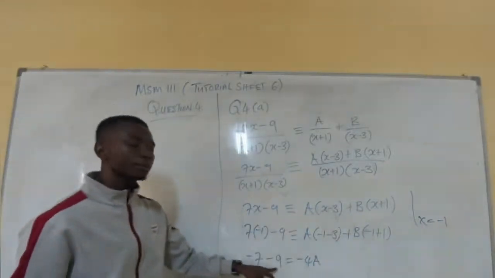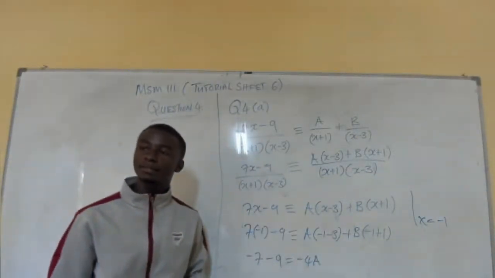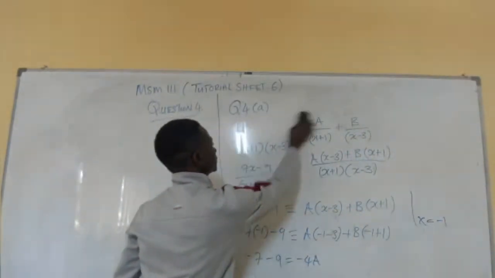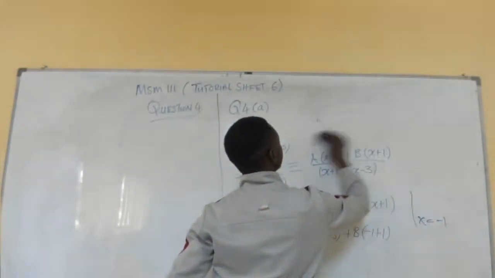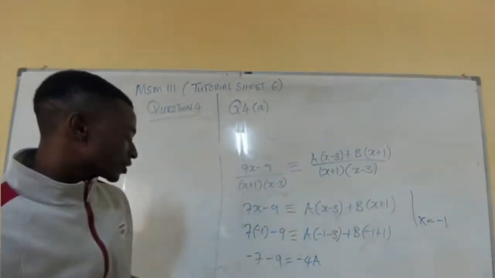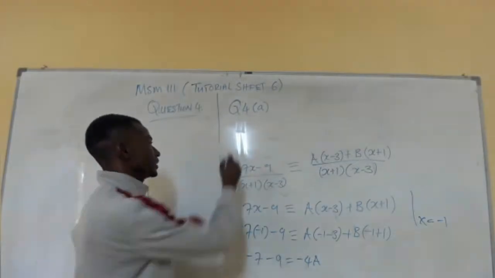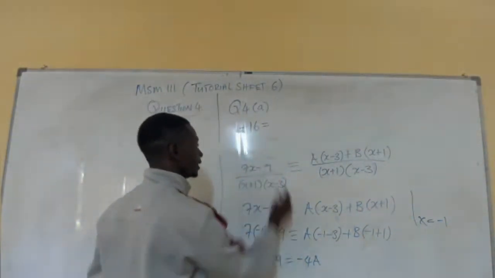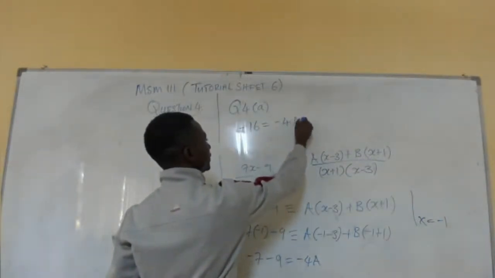What is negative 7 minus 9? We're getting negative 16. You say negative 16 equal to negative 4a.